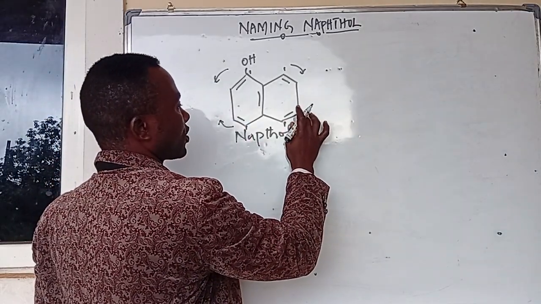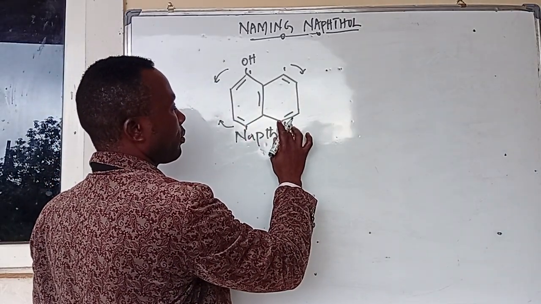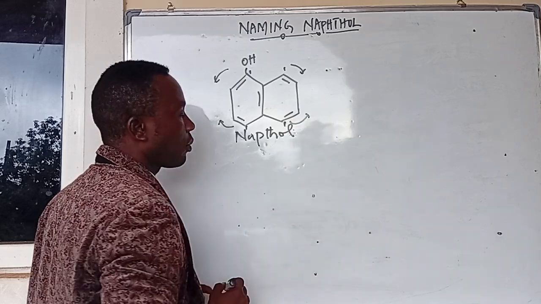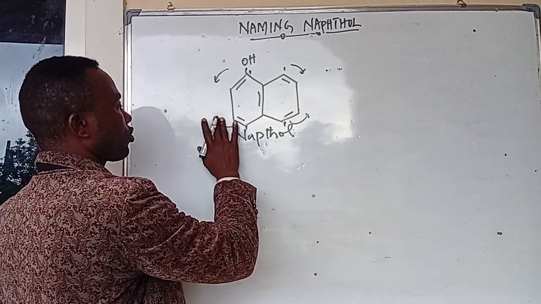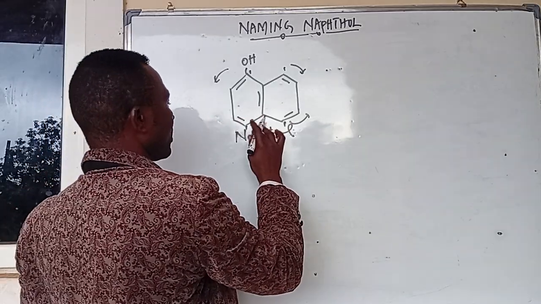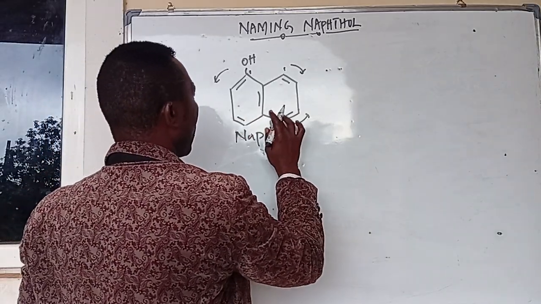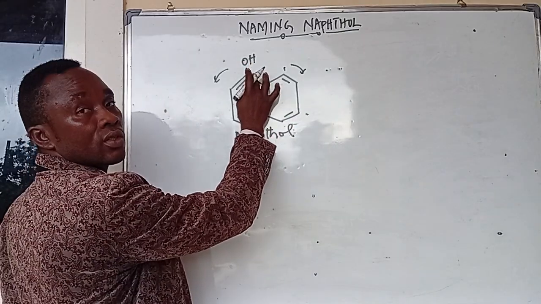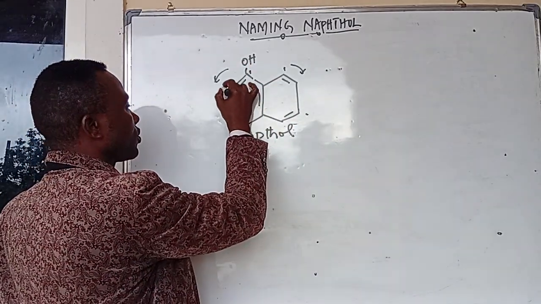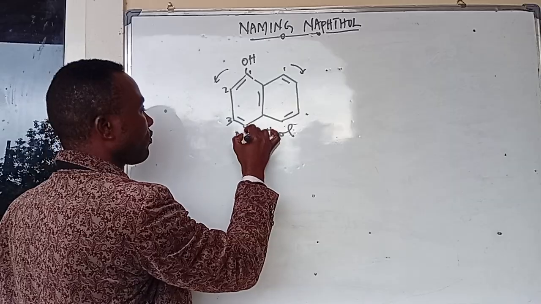When this carbon atom is carbon number 1, you need to number through this way. Since we have OH here, we number through this side. So if I want to number the compound, here becomes carbon 1, here becomes 2, here is 3, 4.